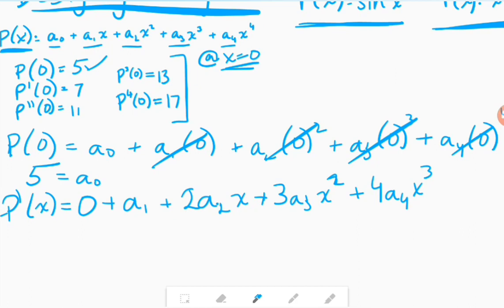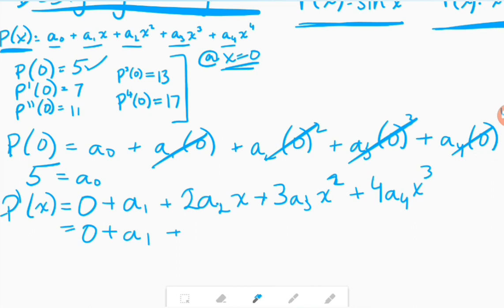So now if we want to do p prime of 0, we just plug in 0 wherever there's an x. So it's going to be 0 plus a sub 1 plus 2 times a sub 2 times x, plus 3 times a sub 3 times x squared.